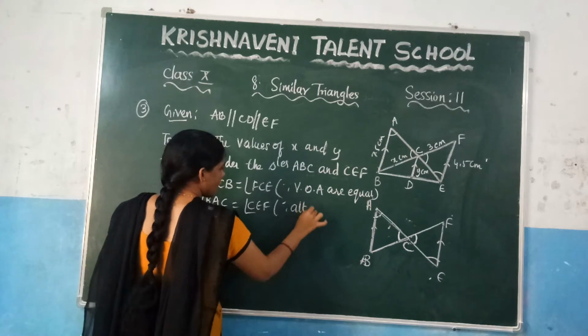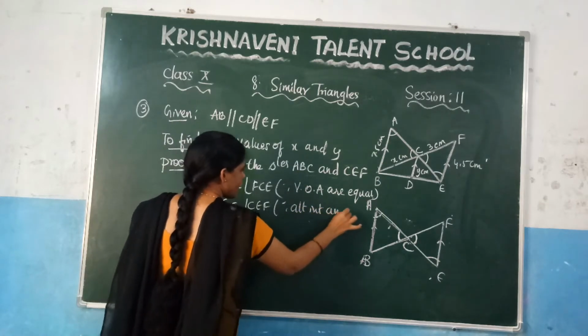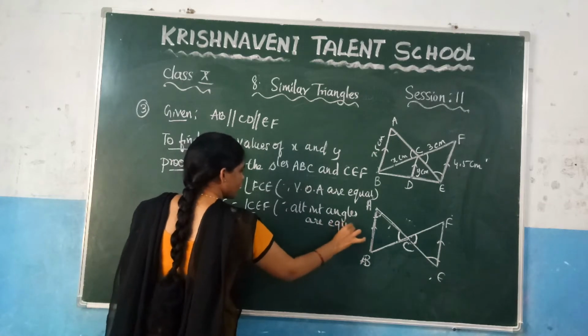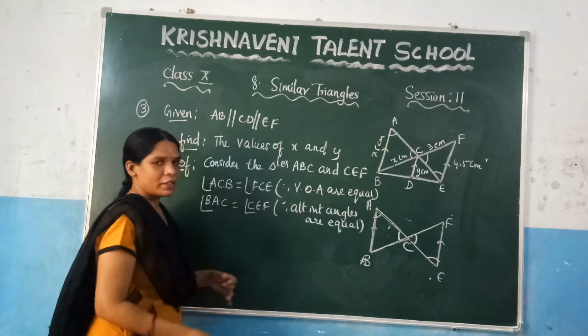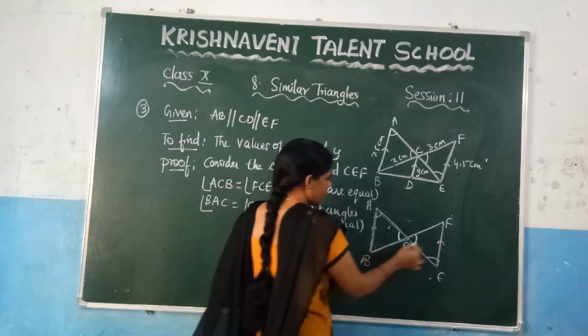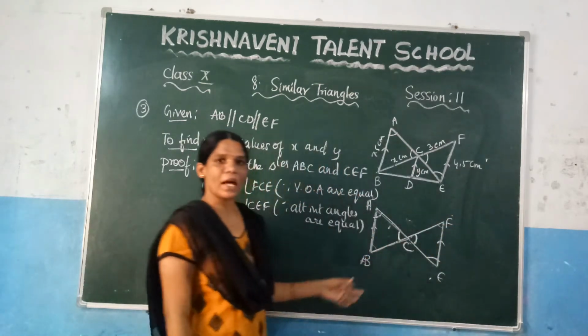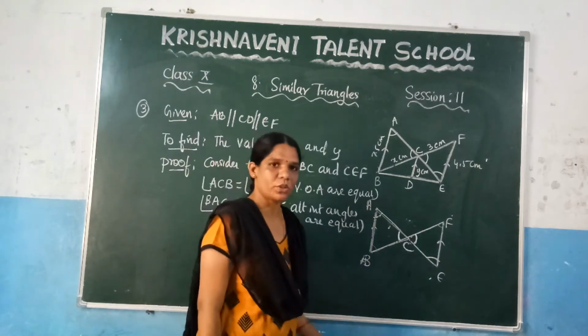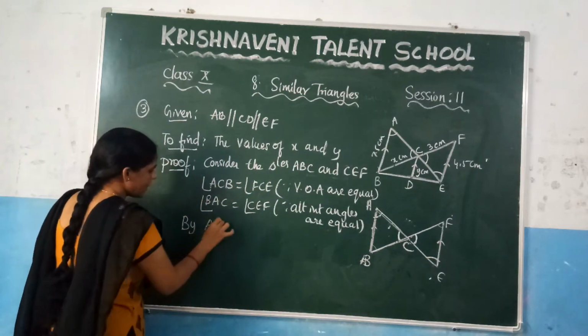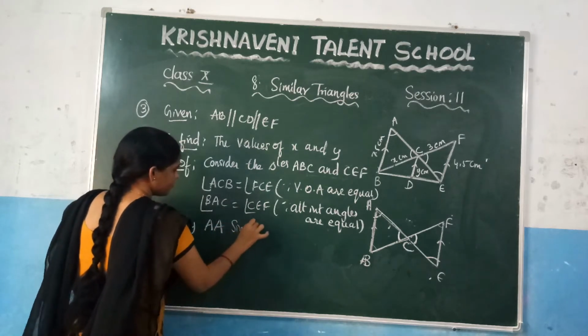Because alternate interior angles are equal. You know that if two of the angles are equal, then clearly this angle is equal to this angle by the angle sum property. So there is no need to write that one. So here write, therefore, by angle similarity.